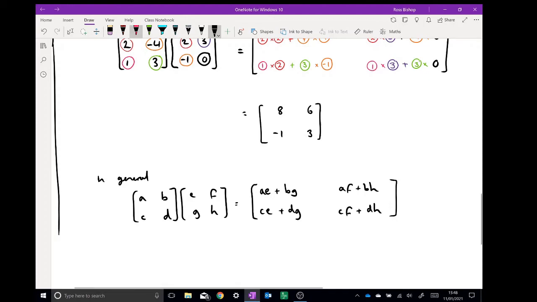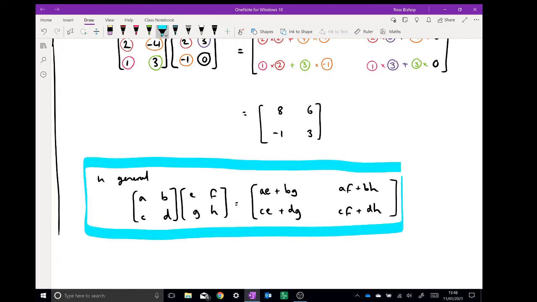So make sure you've got that down. That is basically how we multiply matrices together.